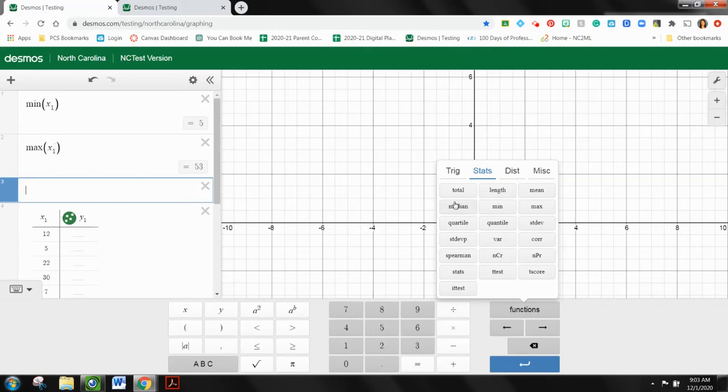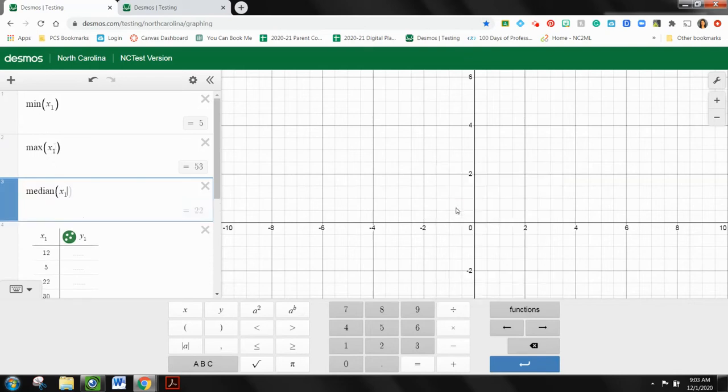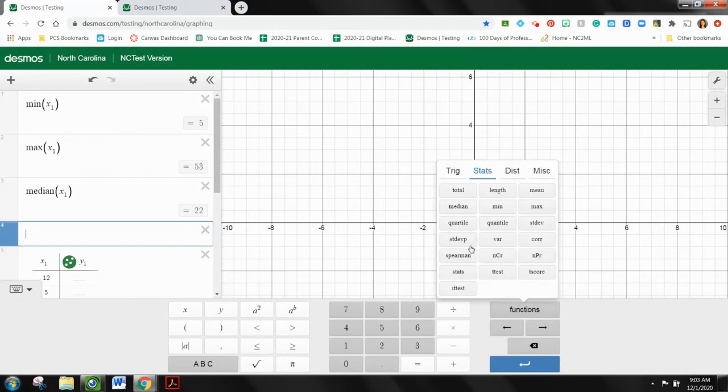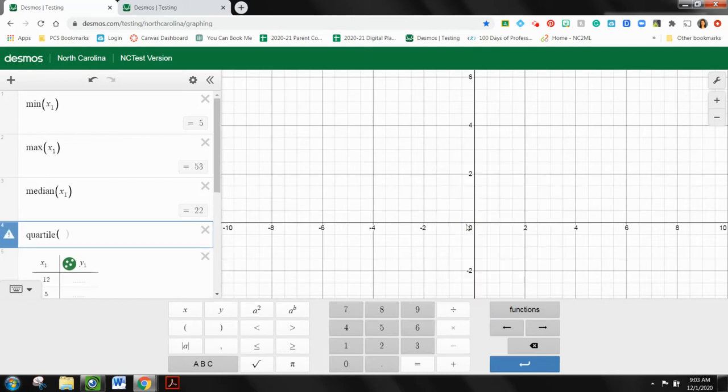I need the median. So my median value of x1 is 22. Now you could take this list, write it in numerical order, go through and cross stuff out and find the median, go through and cross stuff out and find the quartile 1. But when I have Desmos, it makes my life a lot easier, just type it in.